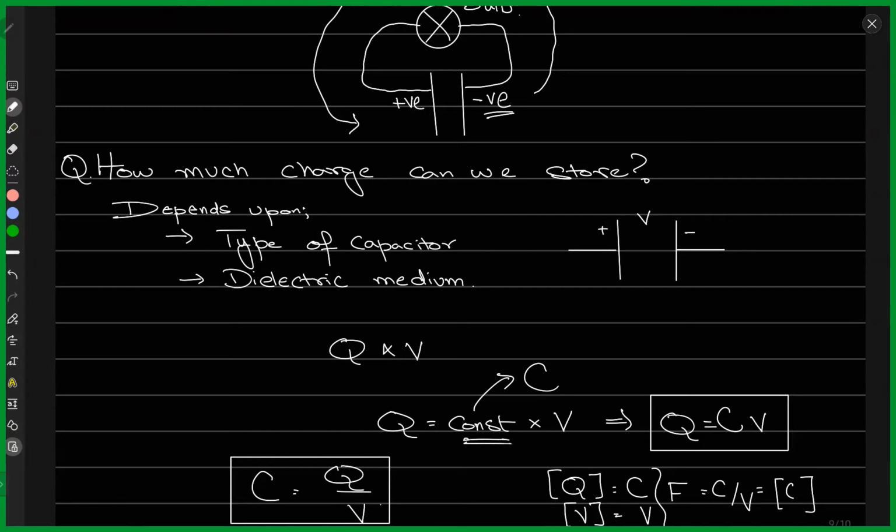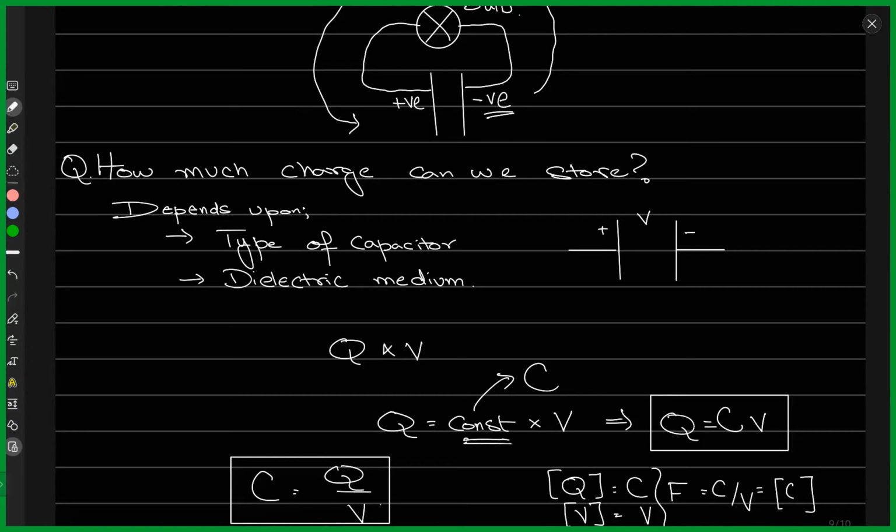Now, again, we can talk in terms of storing charges, but actually, it's not the charge that is being stored, it is the energy being stored. And that energy is just proportional to how much charge I can store. So the more charge we store on the plates of the capacitor, the more energy we are storing, right?